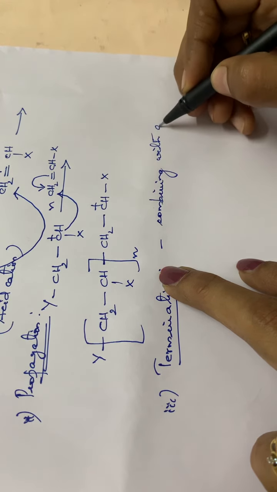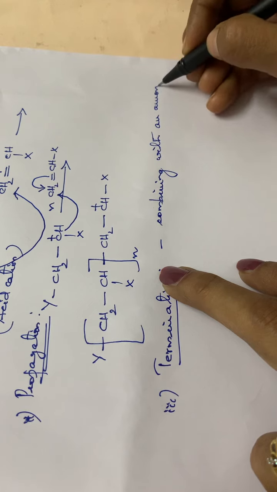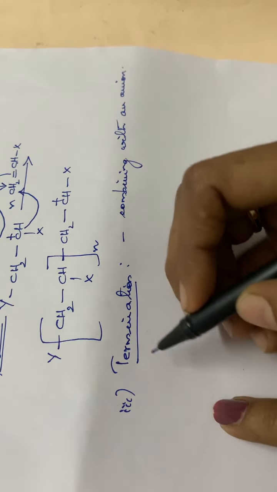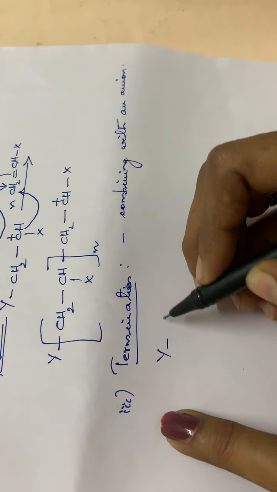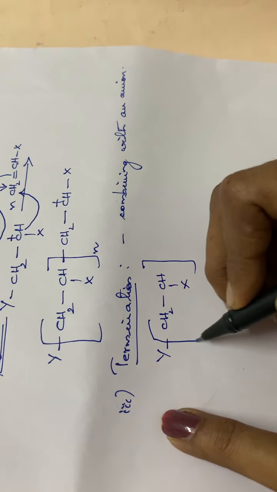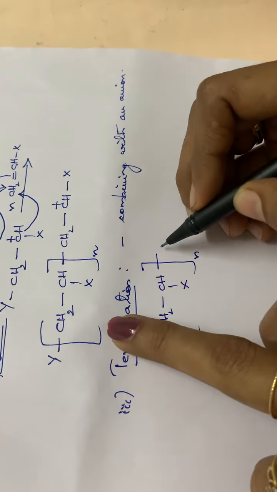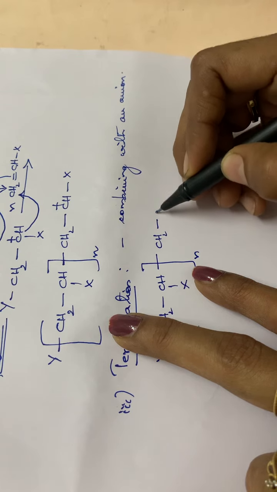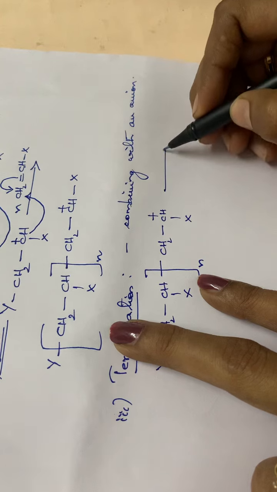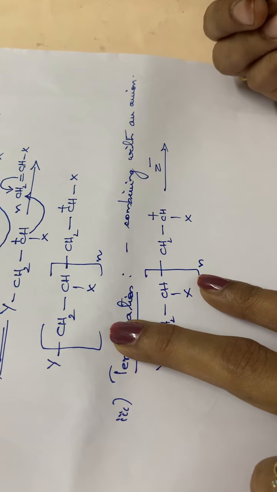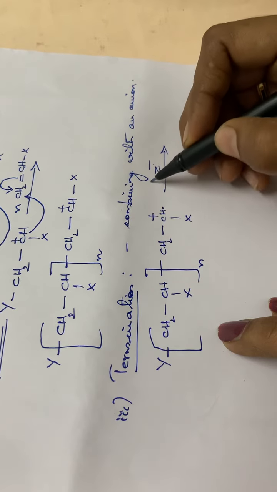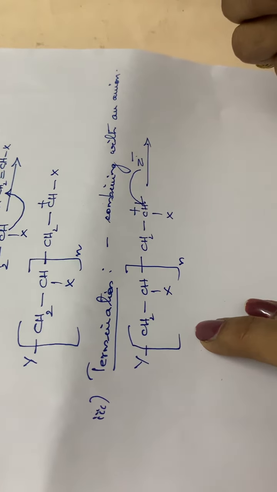We can write this compound Y CH2 CHX n times, single bond CH2, then CH plus X, plus one anion, let it be Z minus. This Z minus will be attacking this positively charged center.